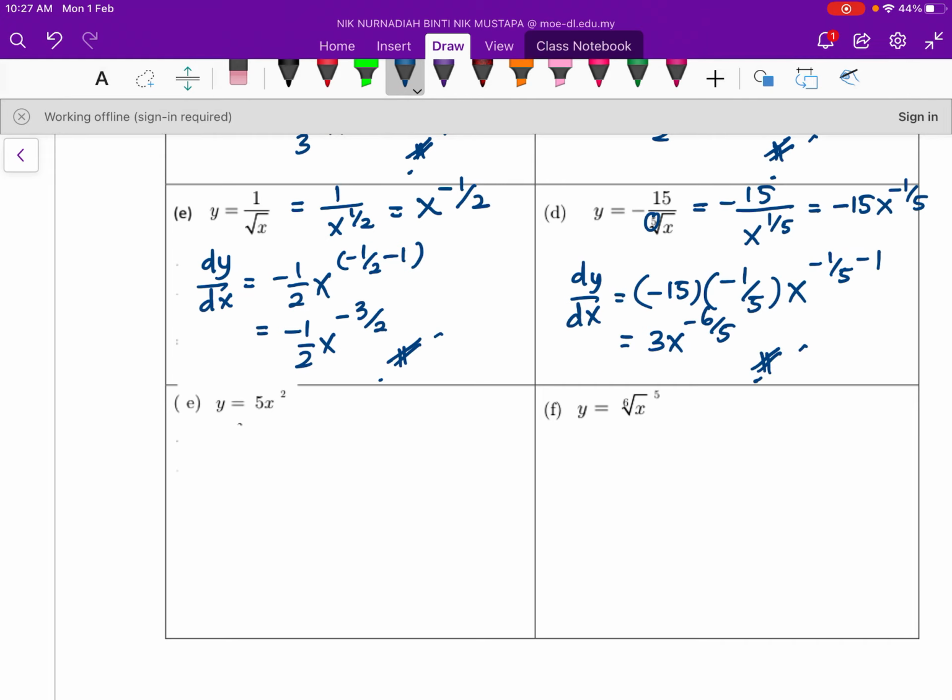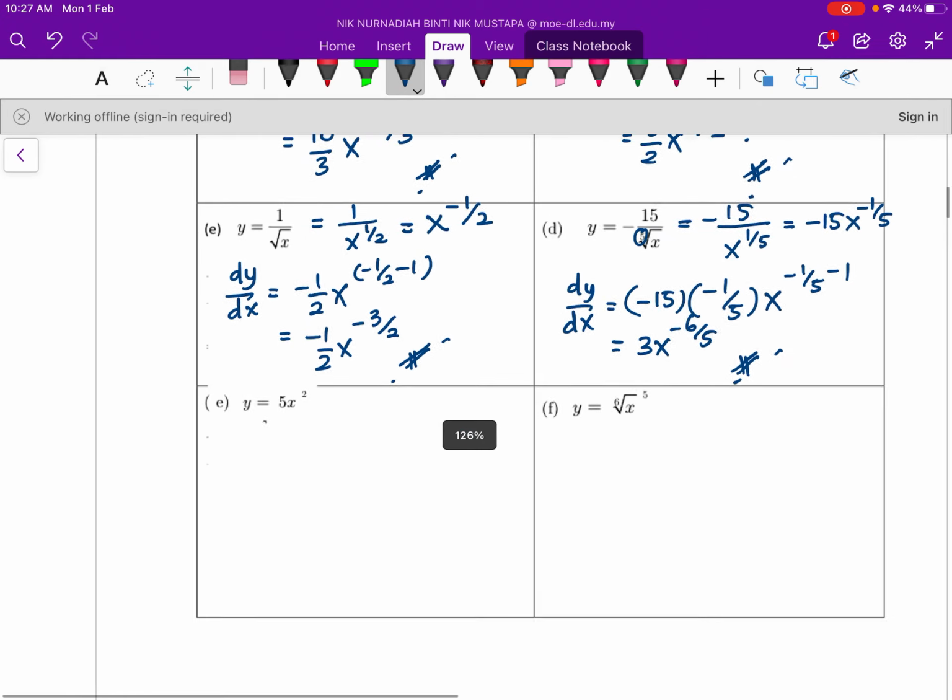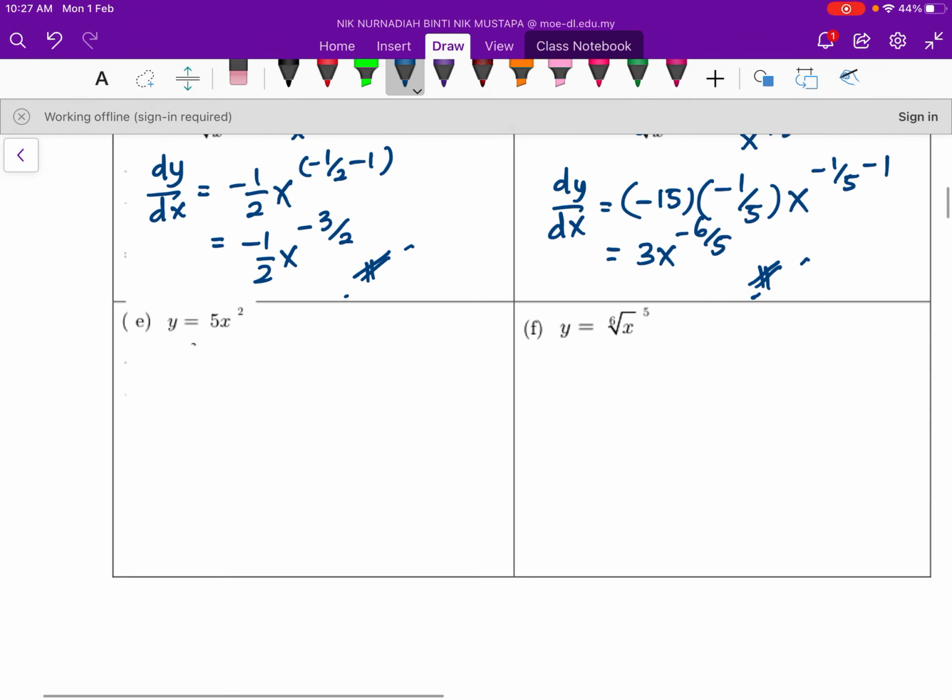Okay, ta-da! We go to the last two. Biasa je. Bring down power. So, 10x to the power of 1 here. And then F here. Okay, apa benda ni? Dia ada kuasa sebenarnya. Kuasa 5 tu, I think it should be bracket. So, dekat sini, dia sama dengan y sama dengan x.